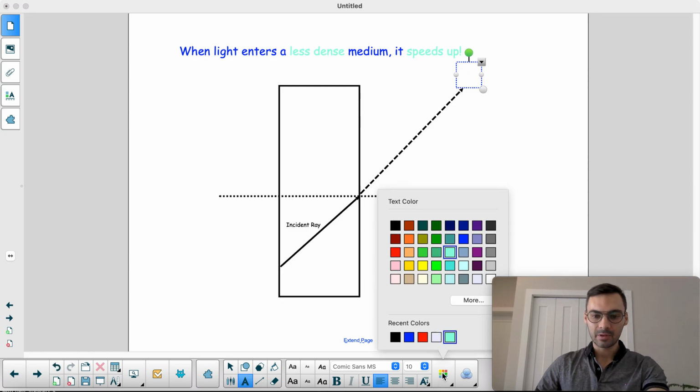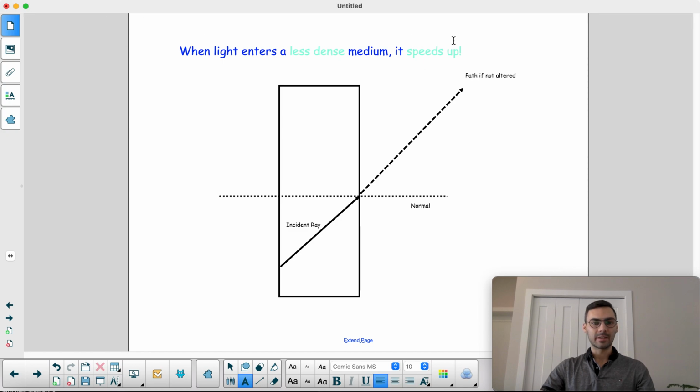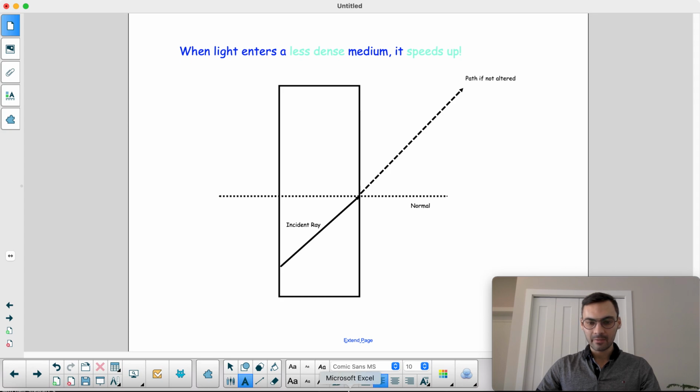So if there was no change in densities, your light would look something like this. But we know that because of the change in density, something is going to happen. In our last one, we had this little cheat code on the side there, and we're going to put that for this one as well.